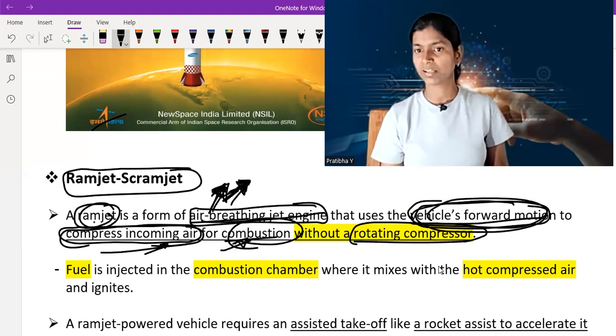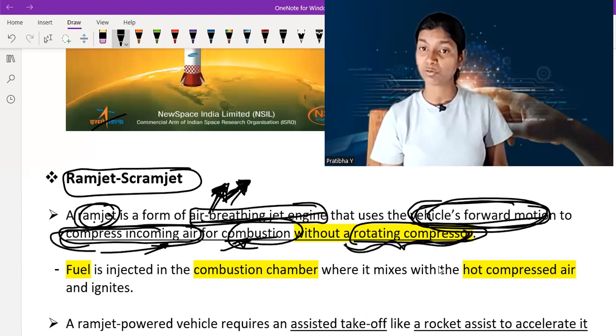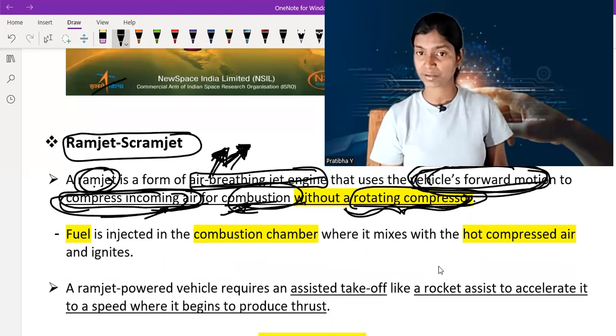Very, very important: a ramjet is an air-breathing jet engine that uses the vehicle's forward motion. Earlier, it required rotation of a compressor to convert the air for combustion, but now it uses its motion to compress the air. Fuel is injected in the combustion chamber where it mixes with the hot compressed air and ignites.